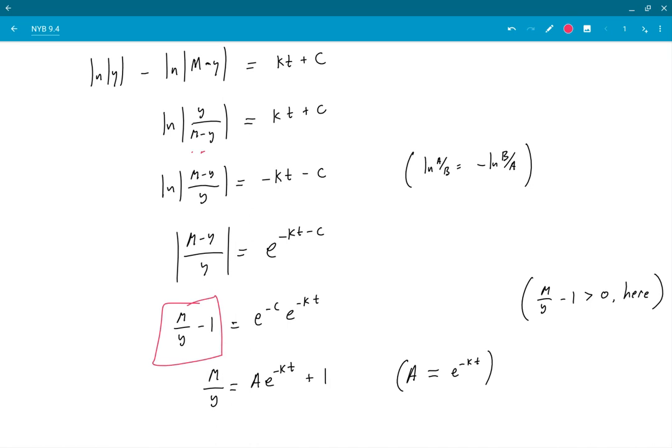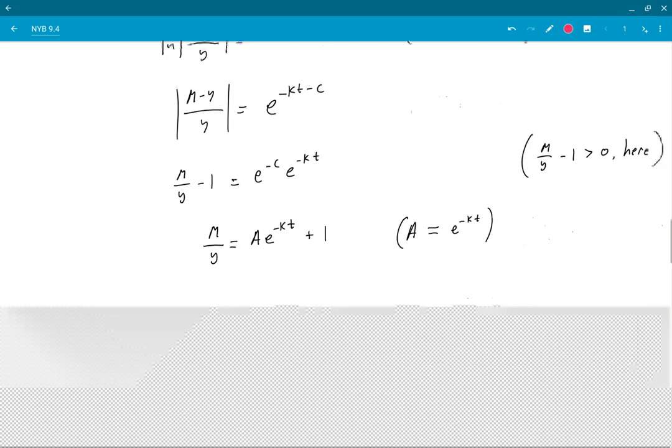You can see it right here. M is bigger than y. So you've got something bigger than 1 minus 1. All right, that allows me to not worry about this absolute value, which is a nice thing.